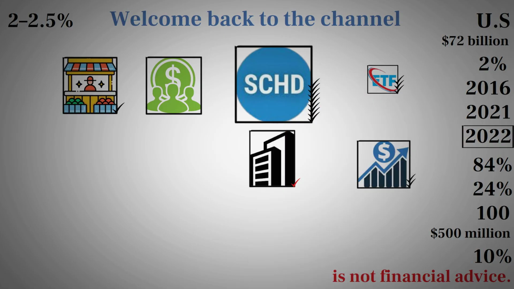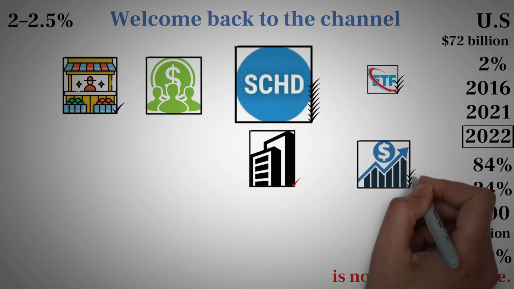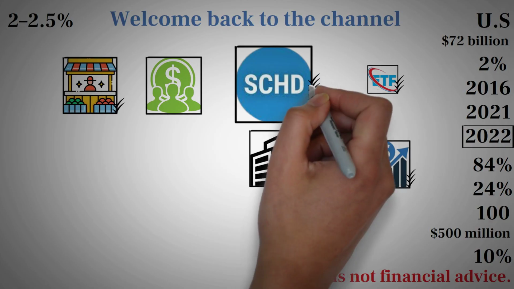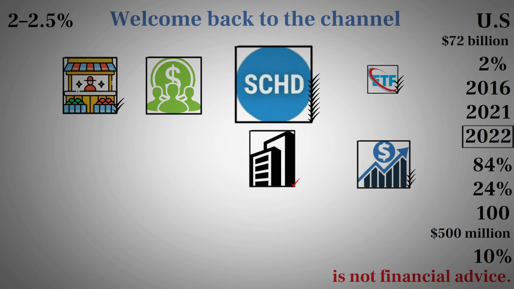SCHD's top holdings include household names like Merck, Cisco, Amgen, Bristol-Myers, AbbVie, Coca-Cola, PepsiCo, Lockheed Martin, ConocoPhillips, and Chevron. These are reliable, dividend-paying companies, but they lack exposure to high-growth sectors like AI and major tech, which have driven market gains in recent years. That said, SCHD shines when it comes to dividend metrics.